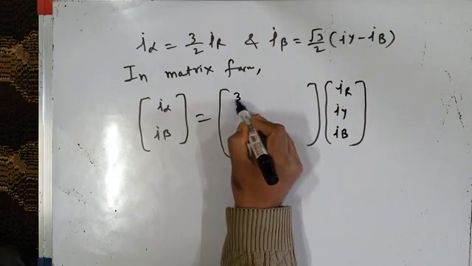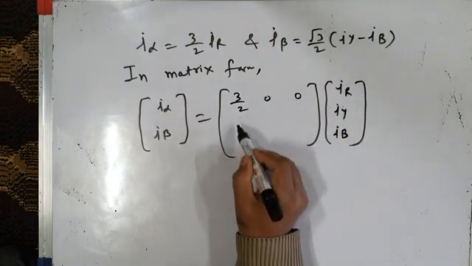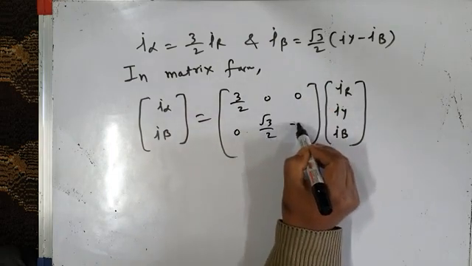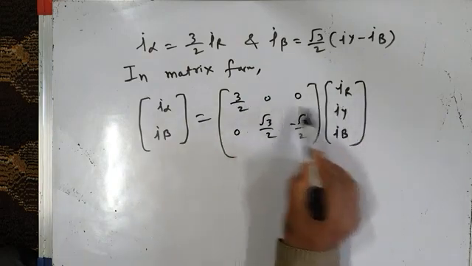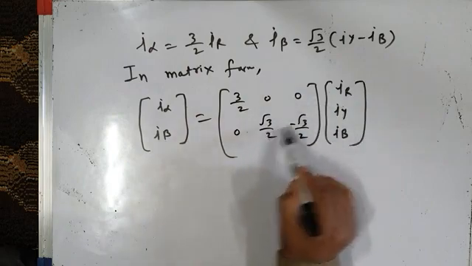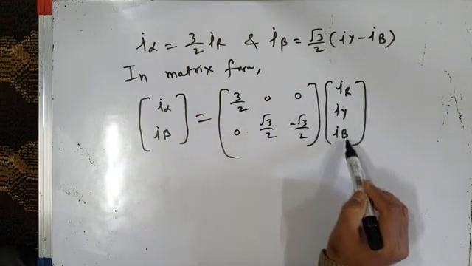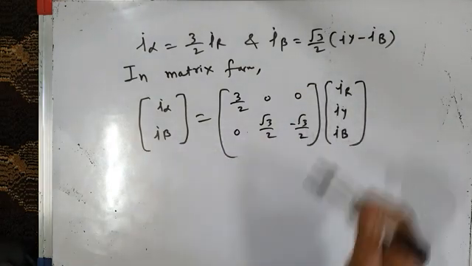The first row will be 3 by 2, 0, 0, and the second row will be 0, root 3 by 2 and minus root 3 by 2. Now we can see I alpha is 3 by 2 IR plus 0, that's 3 by 2 IR. And I beta is 0 plus root 3 by 2 Iy minus root 3 by 2 Ib, that's root 3 by 2 times Iy minus Ib. So this is how we put it in matrix form.